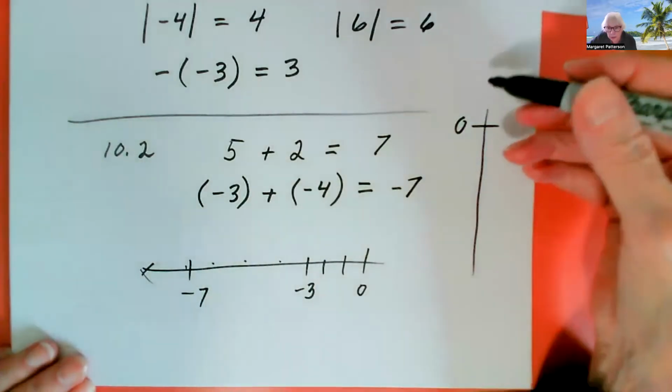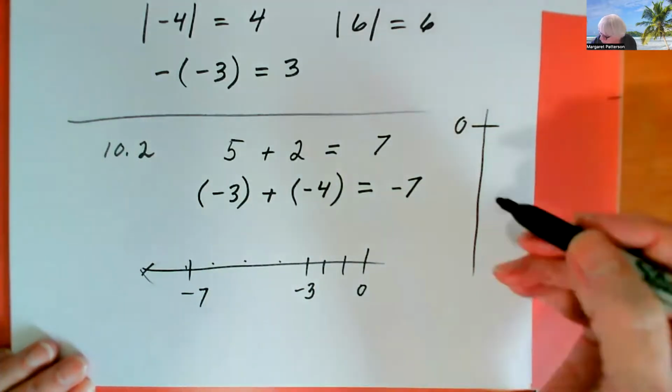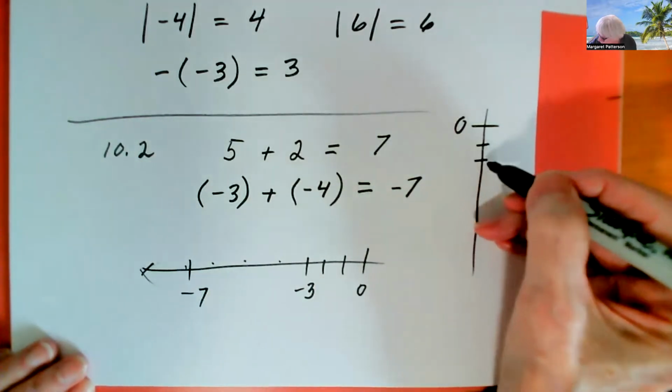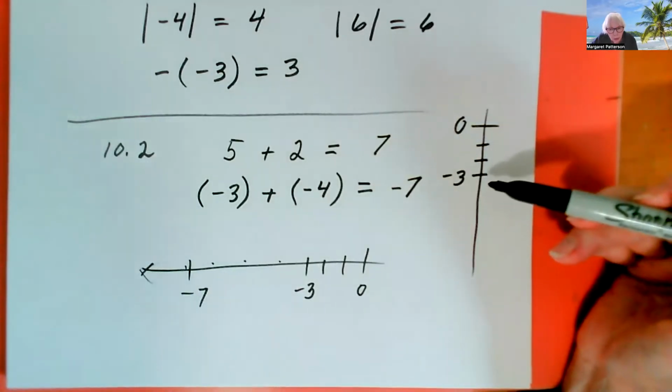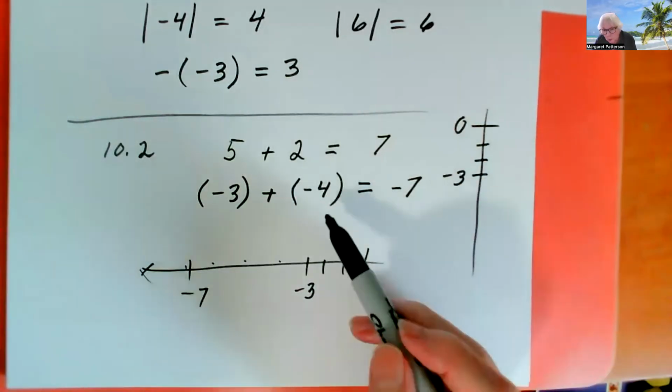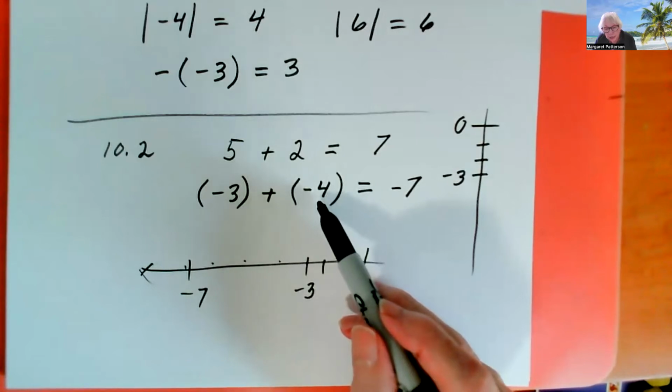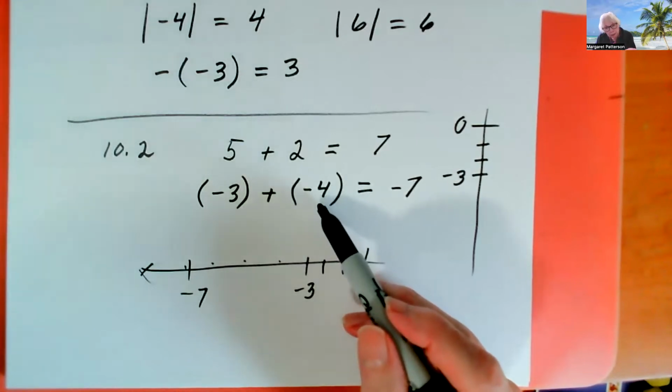So here's 0, and I made my number line vertical, so it's like a thermometer. So it's 3 below. And then what happened? Oh my, instead of the temperature going up, the temperature went down.